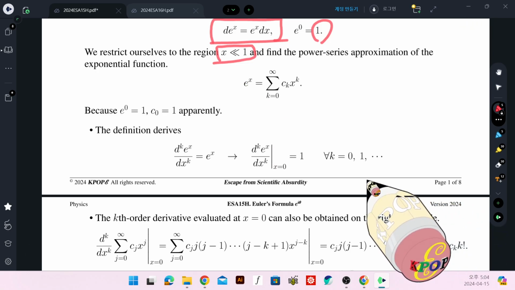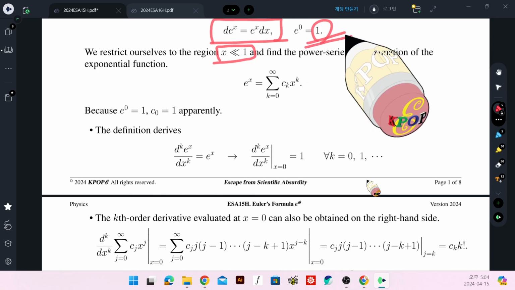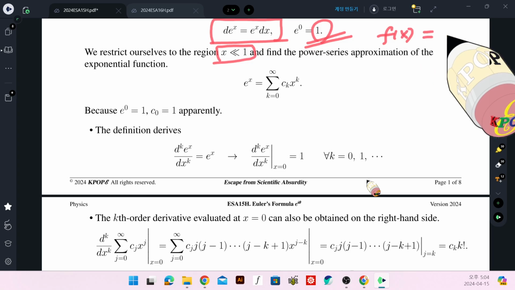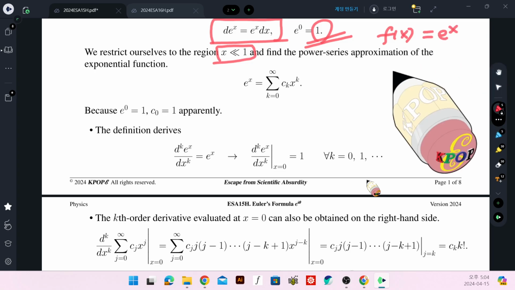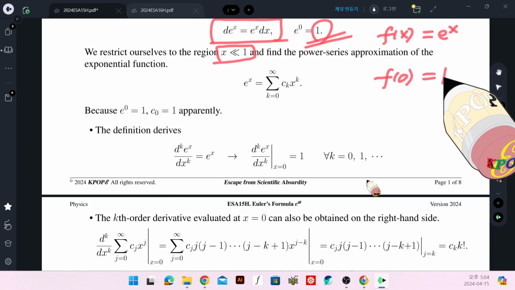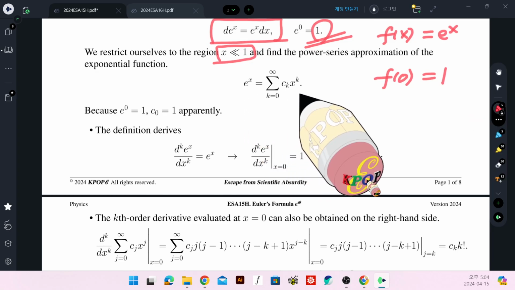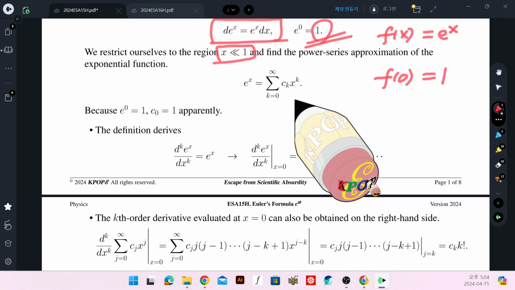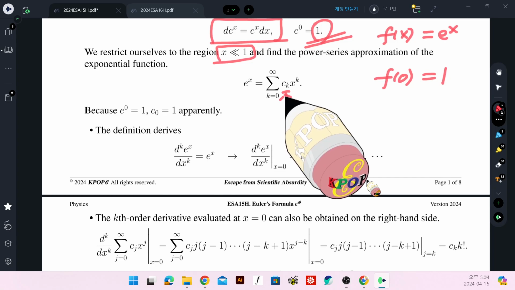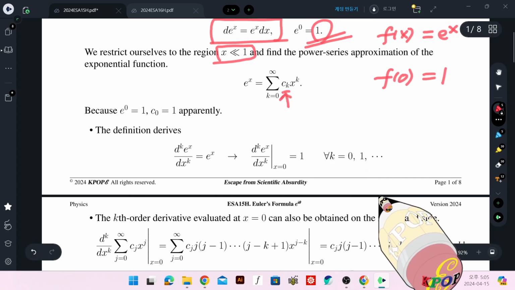First of all, because the exponential function f of x equals e to the x has a condition that f of 0 equals 1, we can expand it as a power series in x, where we have a coefficient for each power of x.